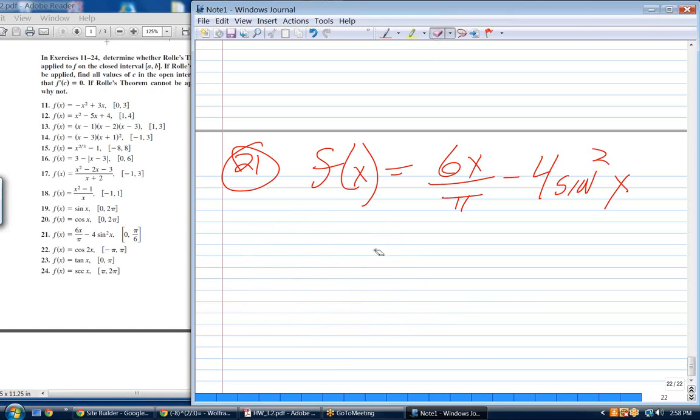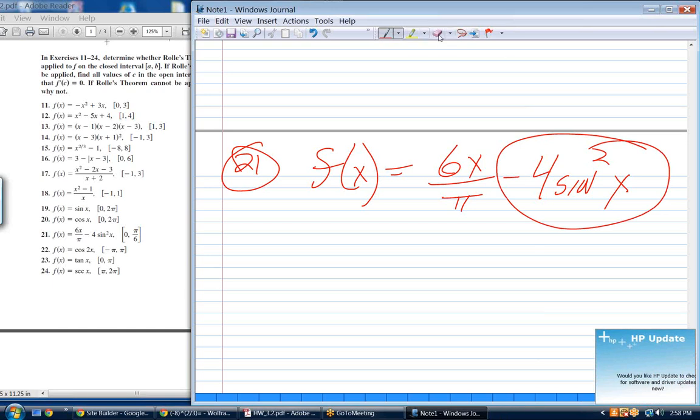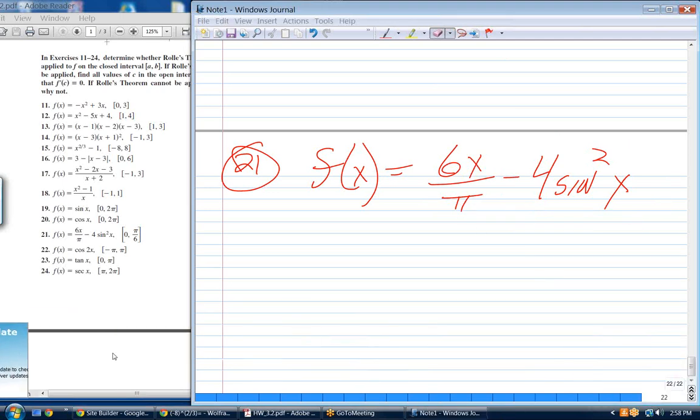So it fits the first part of Rolle's theorem. Is it continuous and differentiable everywhere? I believe so. Yes, it is. There's no place where there's any vertical asymptotes. We know this is differentiable and continuous throughout the whole number line. And pi is a constant in the denominator, so we don't need to worry about it.